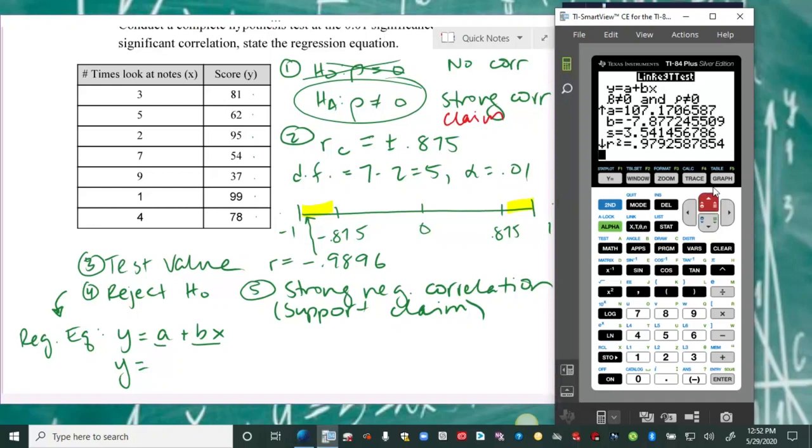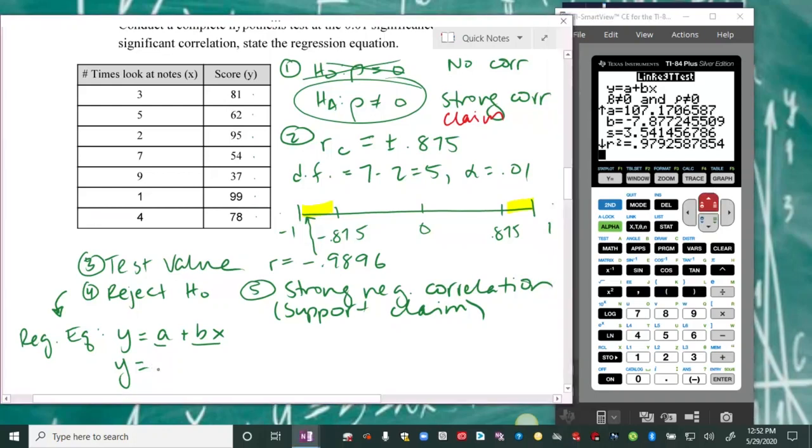A is 107.17, so 107.17 plus b. B is negative, so let me erase that plus. So it's going to be negative 7.877 times x. This is the slope of my line, so it makes sense that I would want that to be negative.